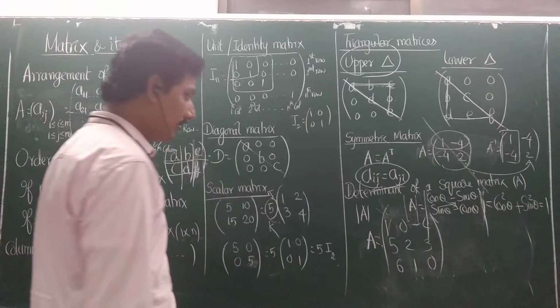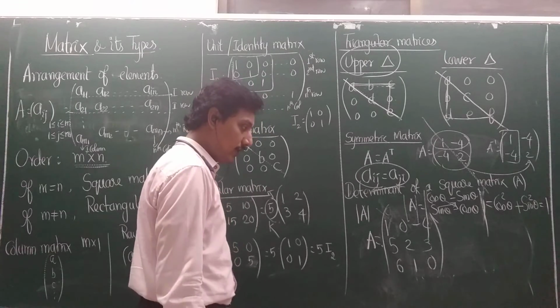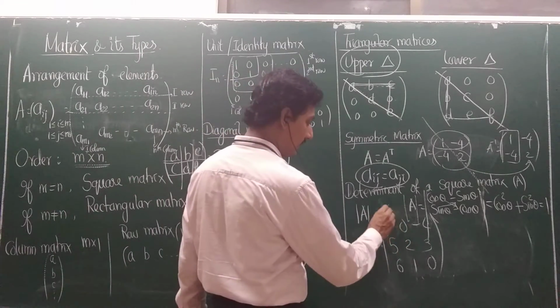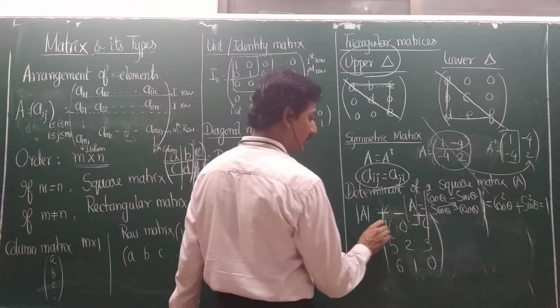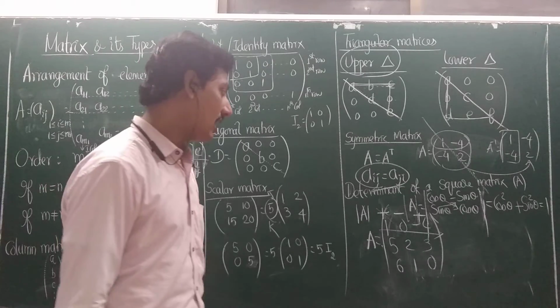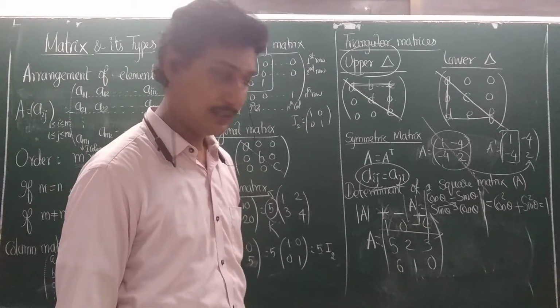For 3 by 3 matrix, let us see this example. 1, 0, minus 4, 5, 2, 3, 6, 1, 0. I am going to expand this with the help of the first row. So we start the plus, minus, plus.